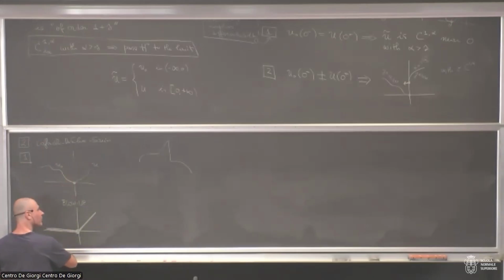So I want to put the nose in the origin, so something like this. And the corner of this nose is higher than the corner of the blow-up. So if I put the nose in the origin, I will violate the maximum principle.